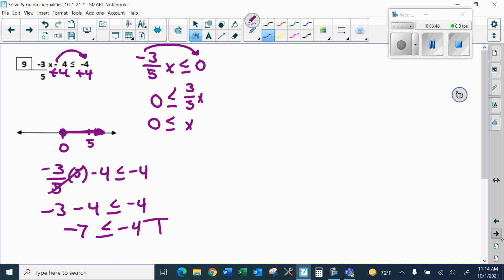So if I thought I could just say x is less than or equal to 0, because -3/5 times 0 is 0, then I have it shaded the other way. So let's check -3/5 times -5. -5 is in the other side there, which I don't have shaded. -4 less than or equal to -4. Well, then I get 3.